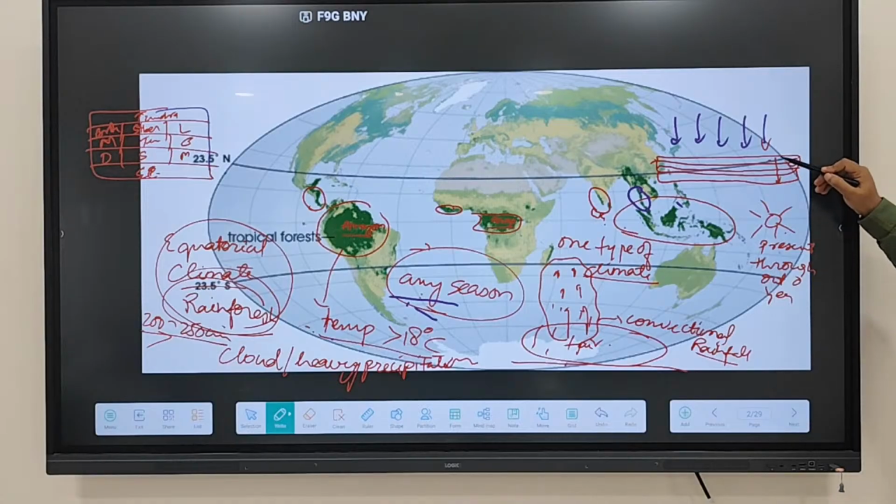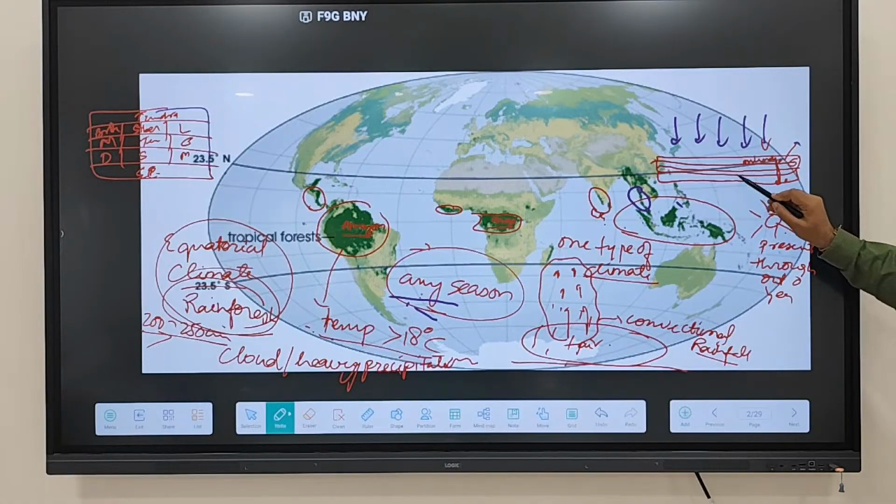And when it is moving from the upper layer of the soil to the lower layer of the soil, what will happen? Material or minerals present in the upper layer of the soil will also be taken to the bottom layer of the soil.